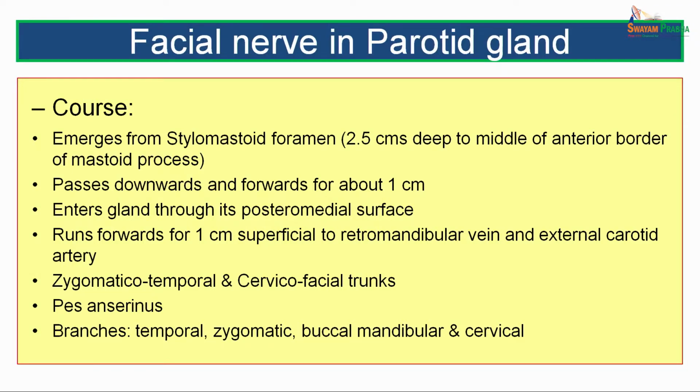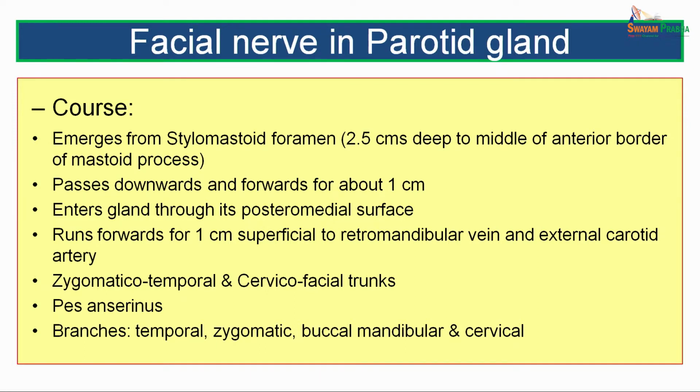The buccal branch later divides to form the upper buccal and the lower buccal branches. Thus, all the 5 terminal branches of the facial nerve are given out within the substance of the gland and then they emerge from the gland along the anterior border of the gland.